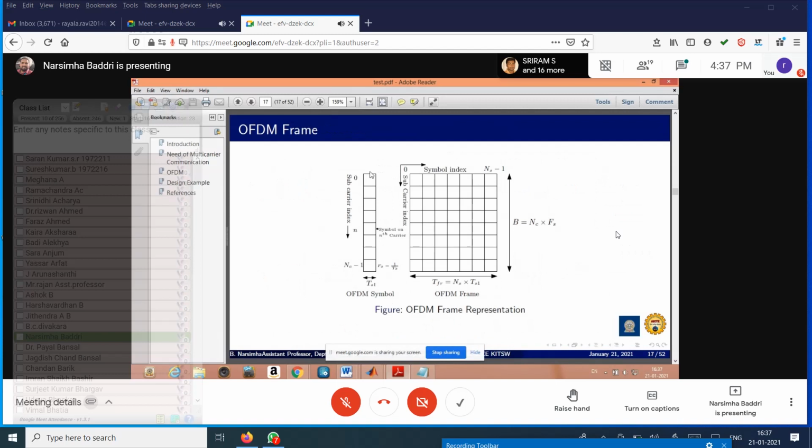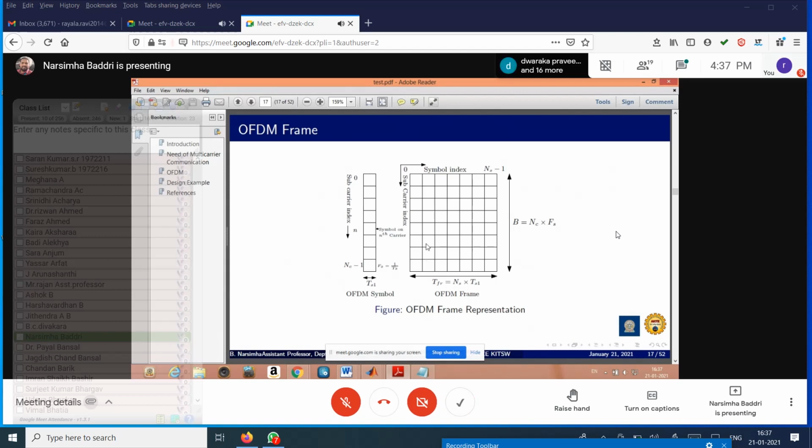So if you look at this block, this is the symbol duration, and these are the carriers, presented 0 to NC minus 1, a total of NC carriers. Now, these symbols will be transmitted as a group based on the application or different standards. All these symbols will be transmitted as a group. So we will look at it in terms of OFDM frames.